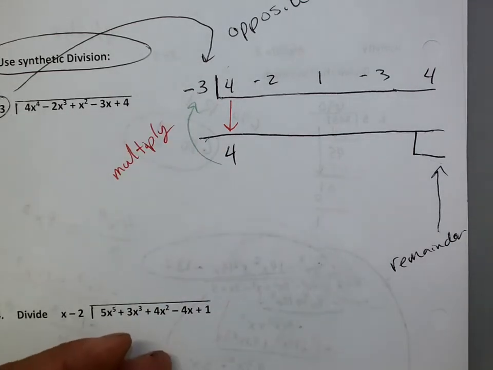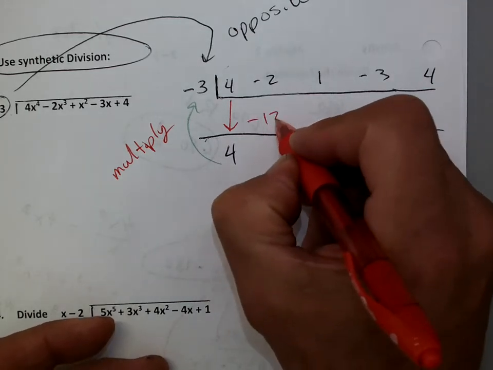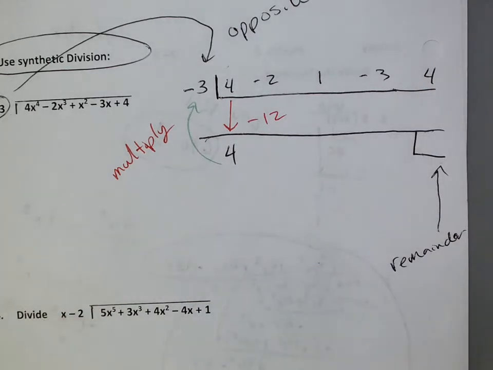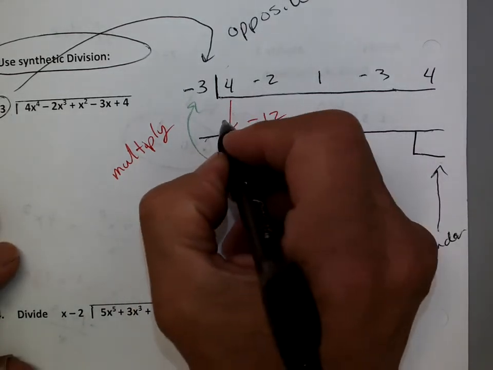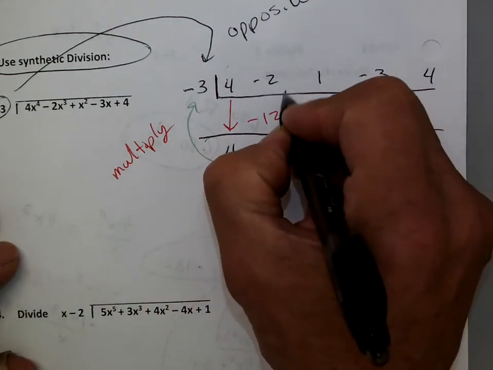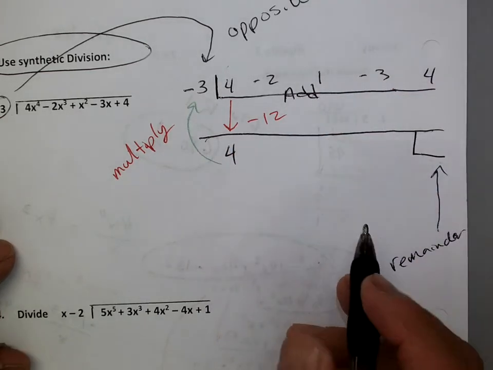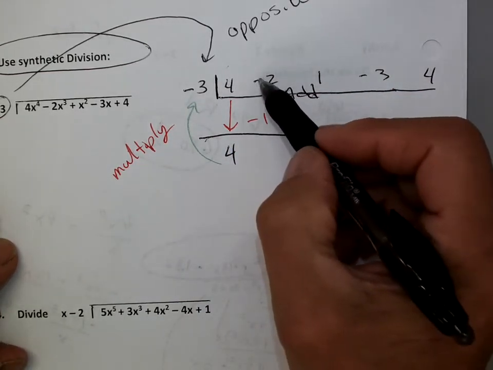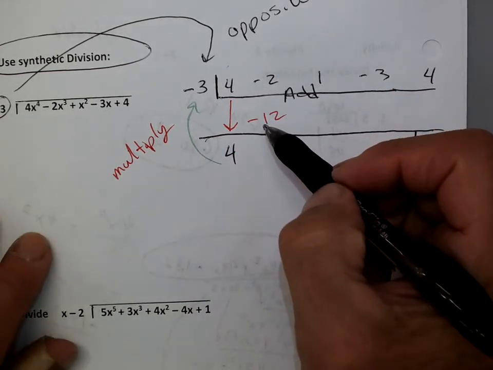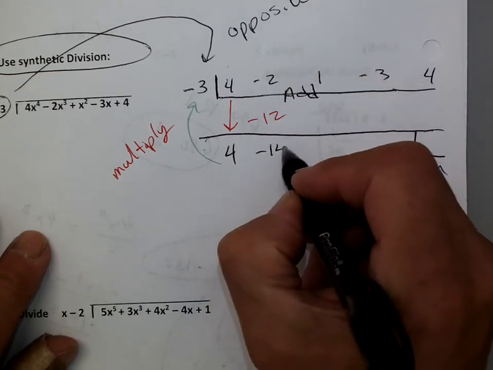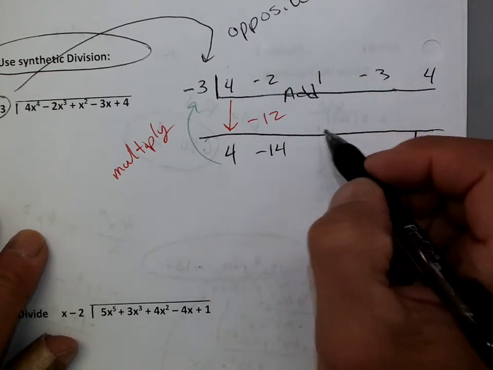So I'm going to put a -12 right there. And then, this is my add line. Inside of here, we add. What's a -2 plus a -12? -14, right? Remember how we got a -14 on the other side?